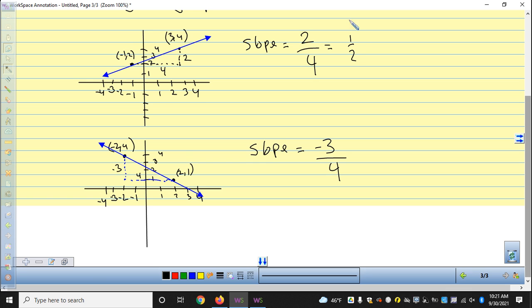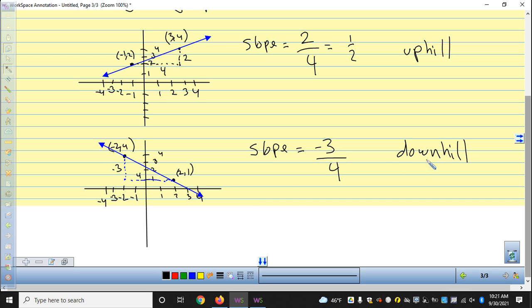When our slope is positive, it means our graph is going uphill from left to right. When our slope is negative, it means our line is going downhill. If our rate of change is positive and this were describing our balloon, it'd be getting filled with more hot air, and the balloon would rise.